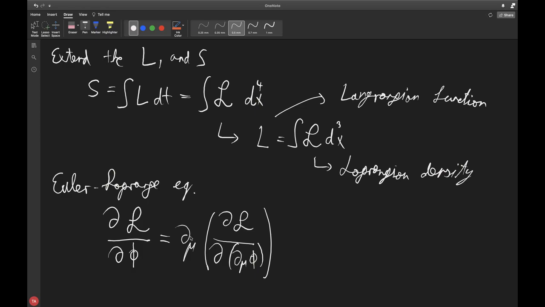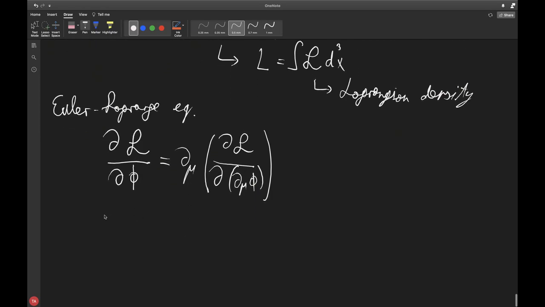So, okay, we could actually derive this with the second method. Earlier we were assuming that L depends on q and q dot. And so we will do a very similar thing, saying that now the Lagrangian density depends on the field and the changes in the field, that is the ∂_μ φ.